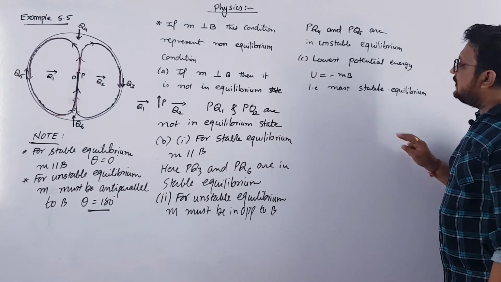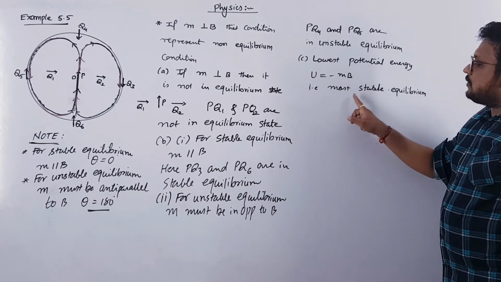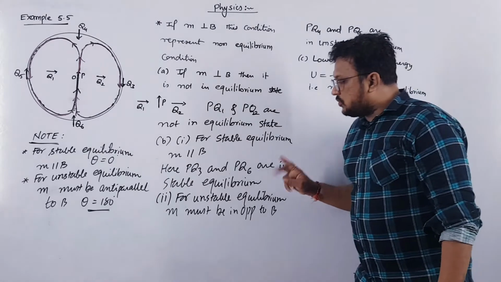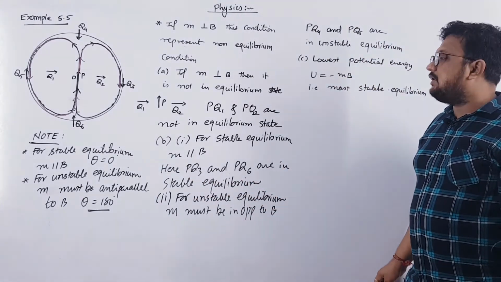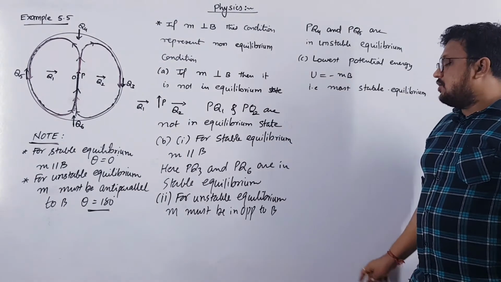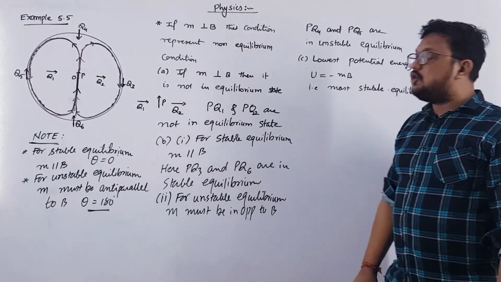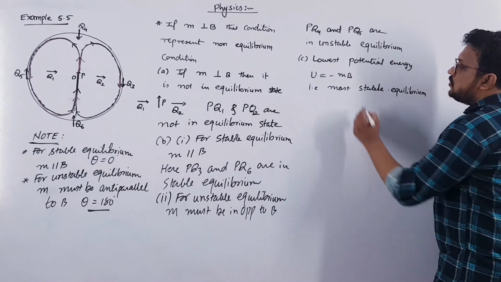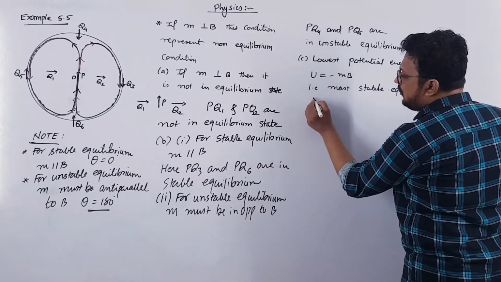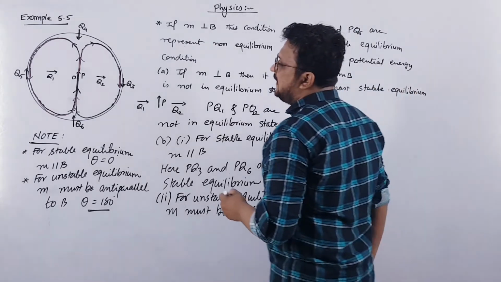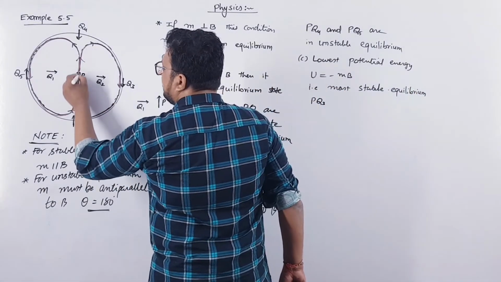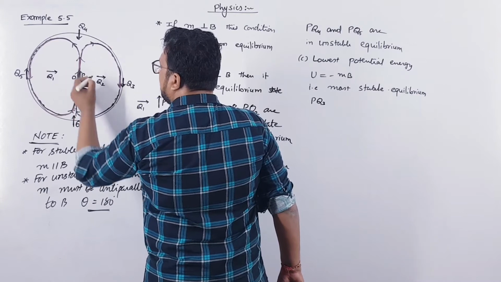Equilibrium, you can say. So for stable equilibrium, we have two conditions, PQ3 and PQ6. So out of these two, which is at the lowest potential energy? So M into B. So let us say for PQ3, you can see that this is P, right? Here we have P and this is Q3.